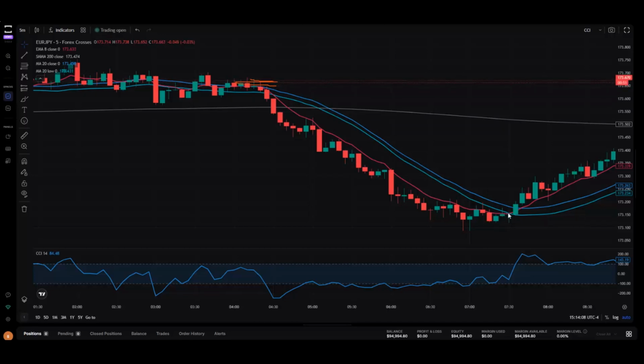a zone of indecision. As you can see, we have a really skinny, almost a doji kind of situation going on here. However, we see that the next candle closed above the 200-period moving average. So this tells you that there is a change or a pause in the market.